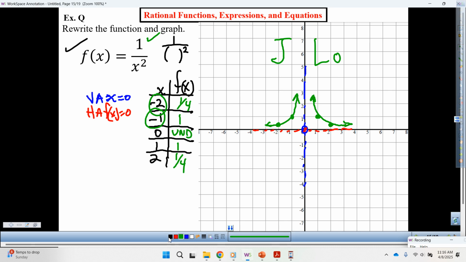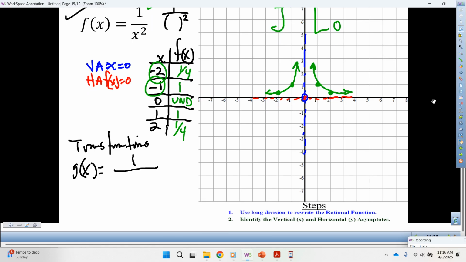So from there, the new transformations, look up. I want you to write transformations. We are going to start with g of x with 1 on the numerator, but on the denominator, it still needs to have the x with a squared, but it's going to look like this. Look up.